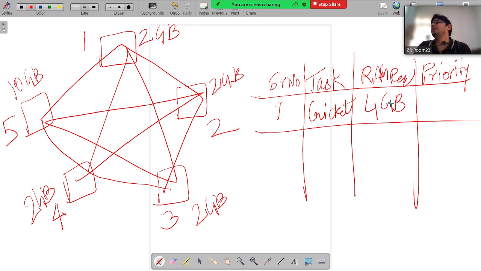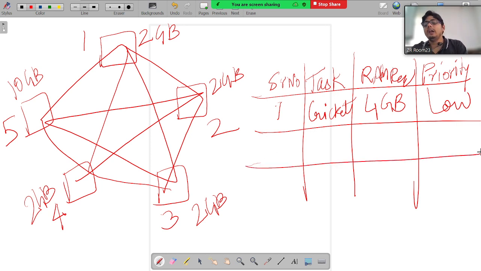Low priority, because it is for entertainment. So whenever we run any task in the grid, we can set the priority. So I am setting the priority as low priority. Here cricket requires 4 GB. So here cricket is occupied, here cricket, here cricket.